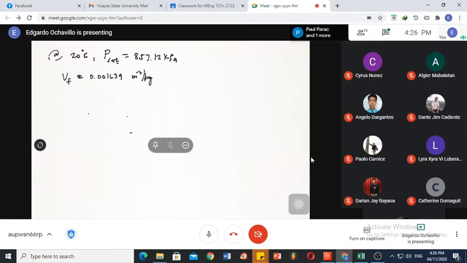And we have the VFG, this is 0.1477 meter cube per kilogram, and we have the VG, 0.1497 cubic meter per kilogram.